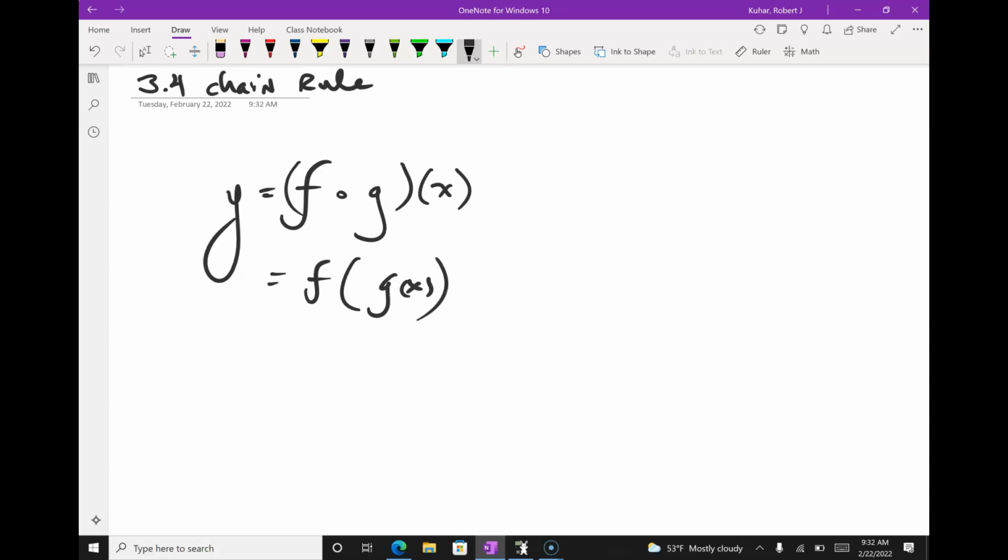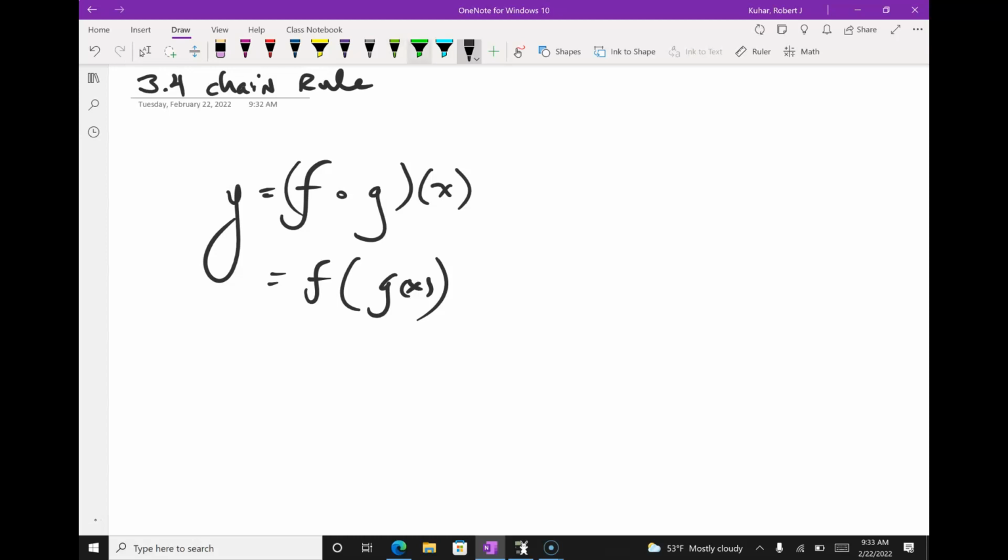They're both read the same way, but I think the second notation is easier. The second notation says I'm putting an entire function inside of another function.